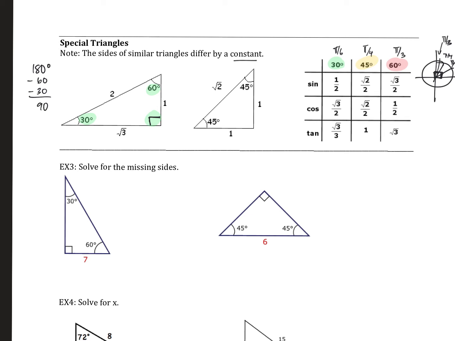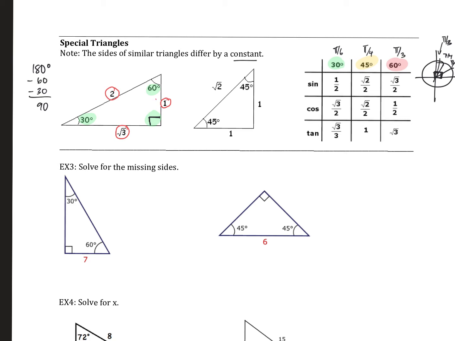If you have a triangle of 60, 30, and 90, the sides are always going to be multiples of these 3 values: 1, root 3, and 2. Where they are is also important.